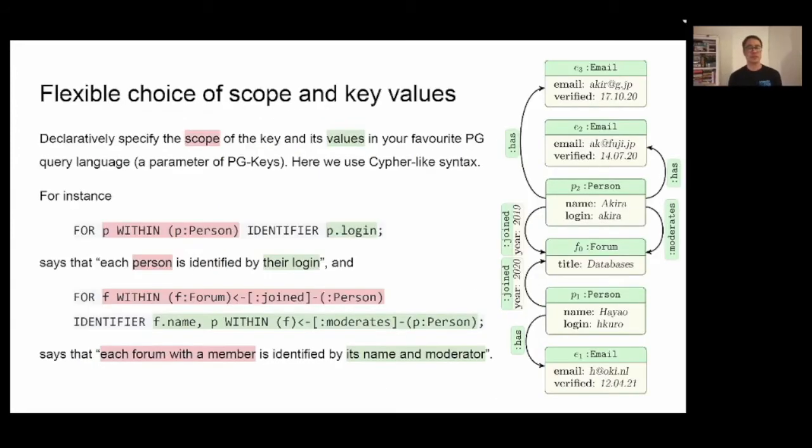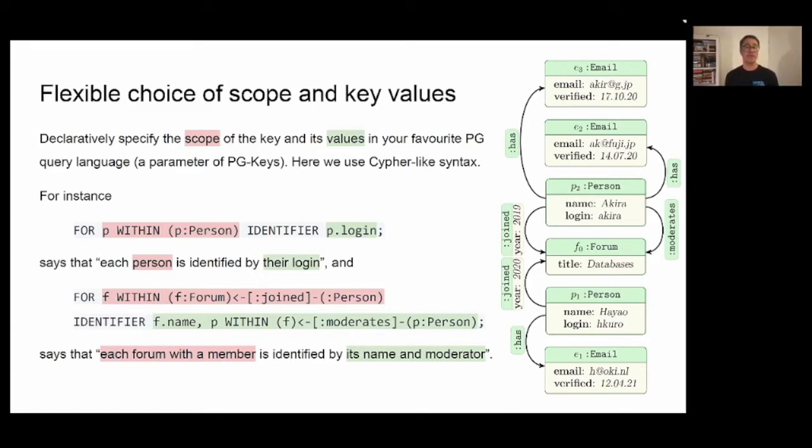So concerning flexible choice of scope and key values, we declaratively specify the scope of the key and its values, and you can do this in your favorite property graph query language. This is a parameter of PG keys. Here in the talk and in the paper, we use a Cypher-like syntax, which is a popular, well-known property graph query language. So for example, suppose that we want each person in our person forum graph to be identified by their login.